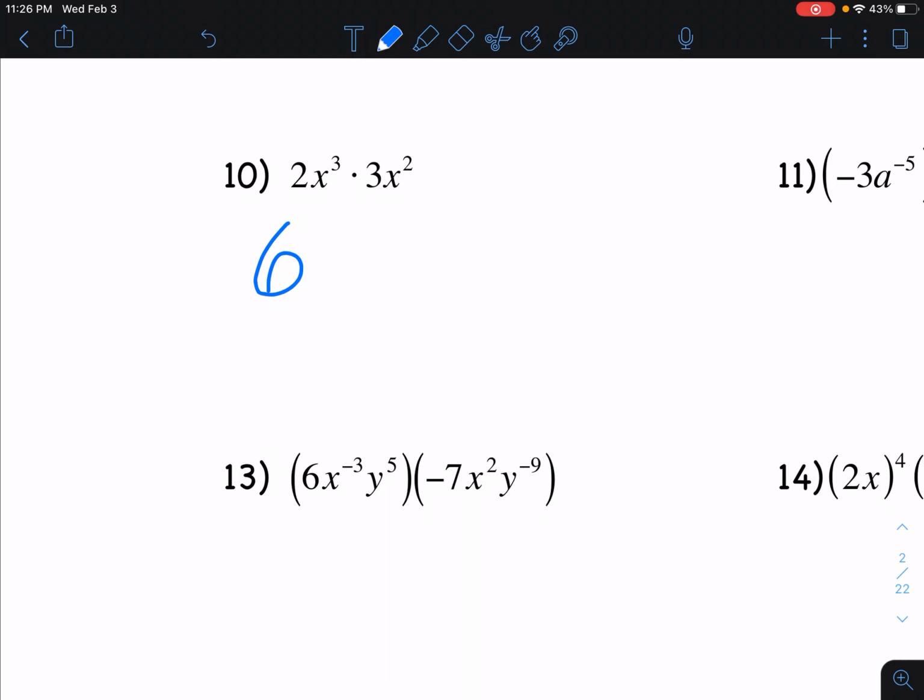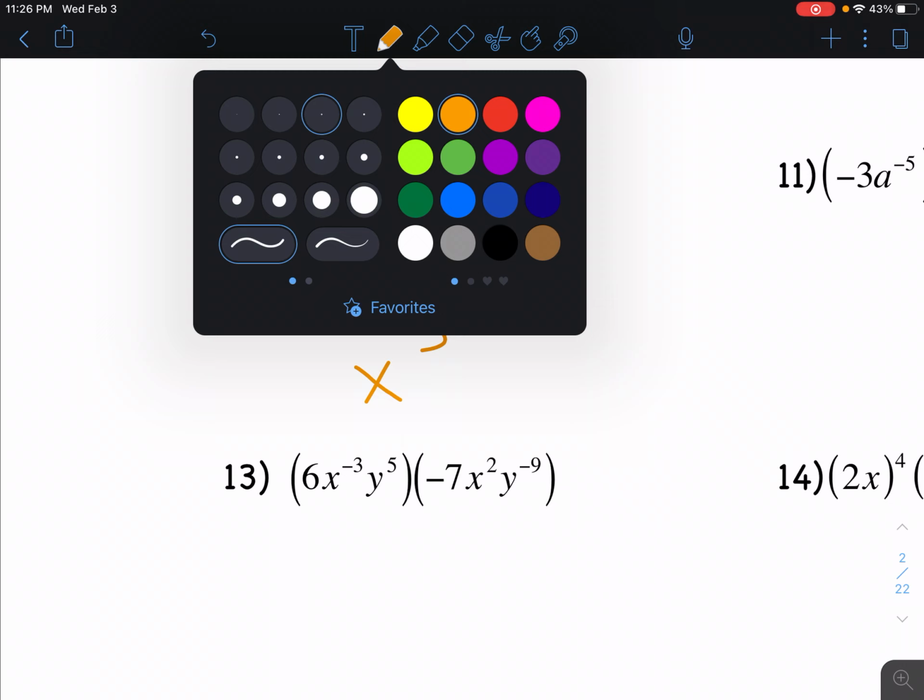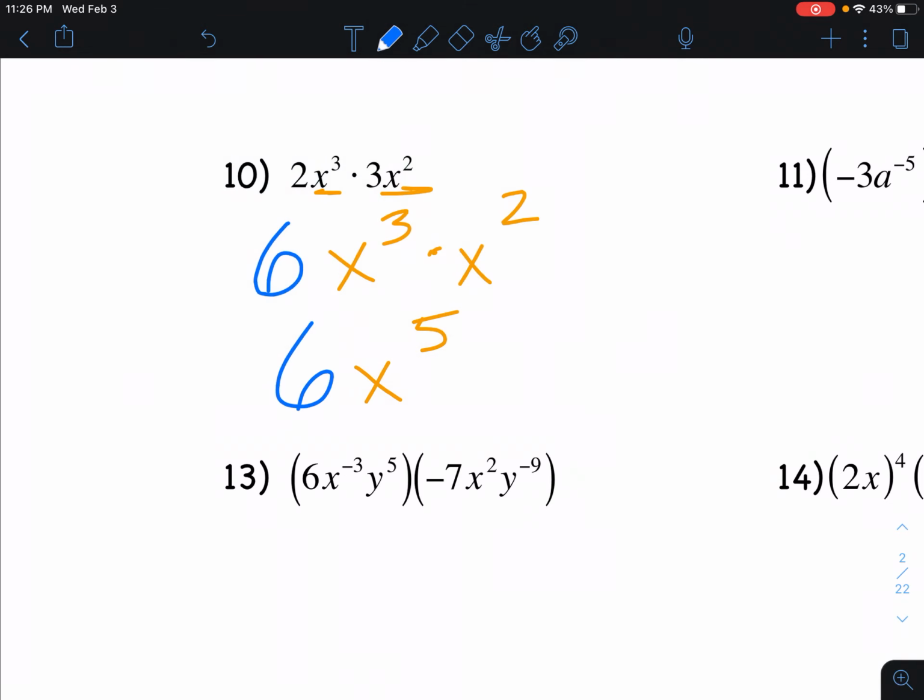And then for the exponents, we do x to the third times x to the second, and the rule is we're supposed to add those together. So x cubed times x squared is x to the power of 5.